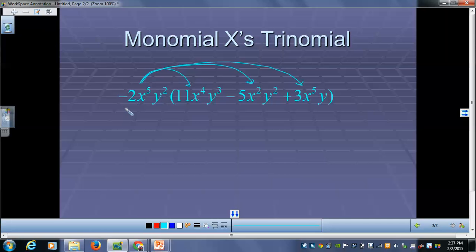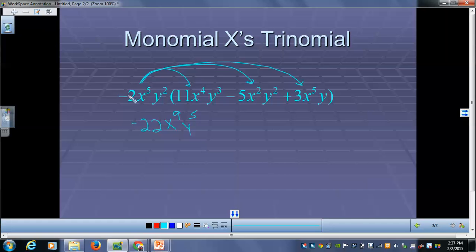Moving through our first distribution, negative 2 times 11 is negative 22. Base x to base x. So I have 5 x's here multiplied with 4 more x's here. So that means I'm multiplying 9 x's total. Base y to base y. 2 y's multiplied times 3 more y's, which means we would have 5 y's being multiplied total.